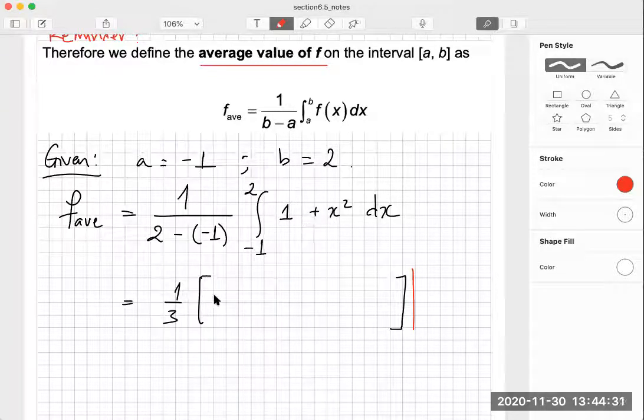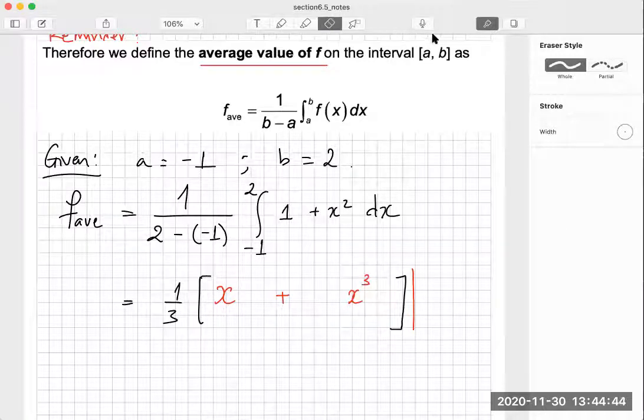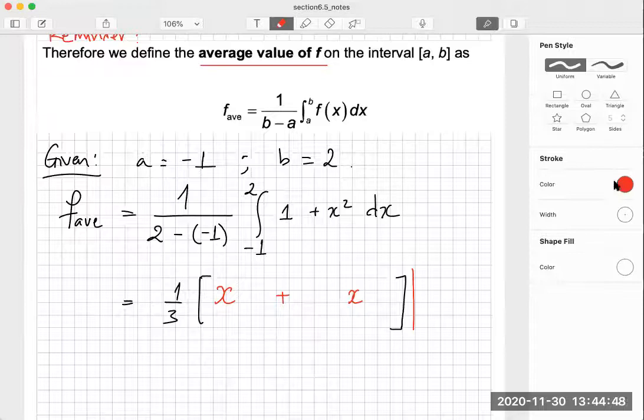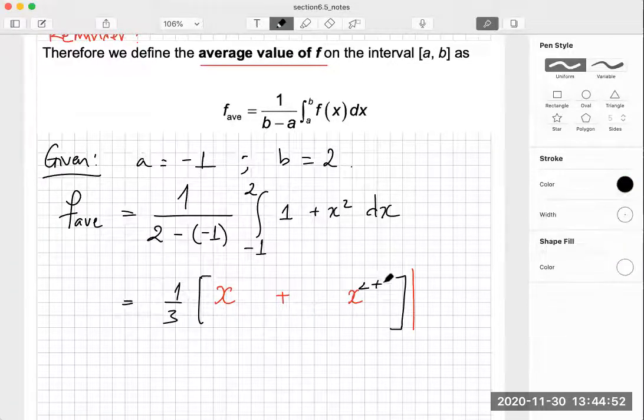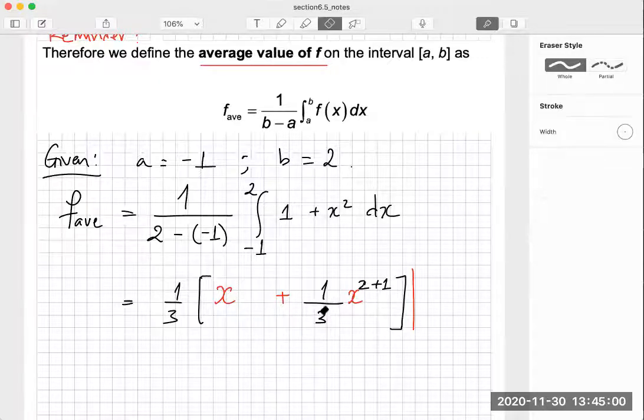The antiderivative of 1 is x. Very good. The antiderivative of x squared is, let us do it slowly, x squared plus 1, divided by the new power, which is 3, which is 2 plus 1.